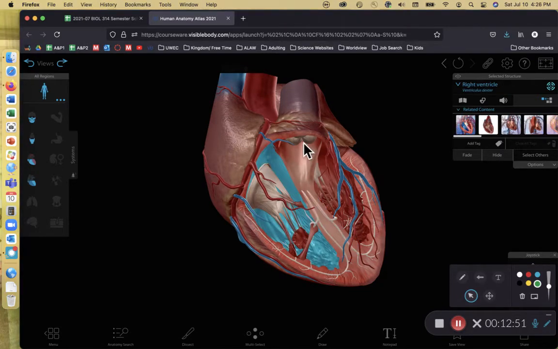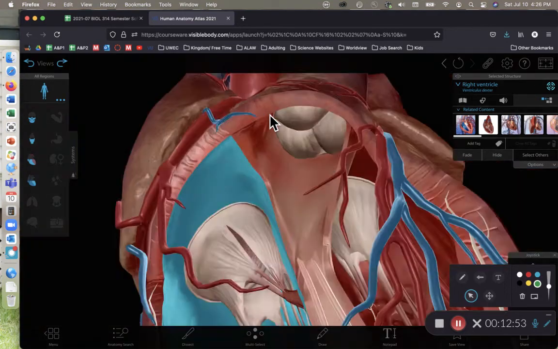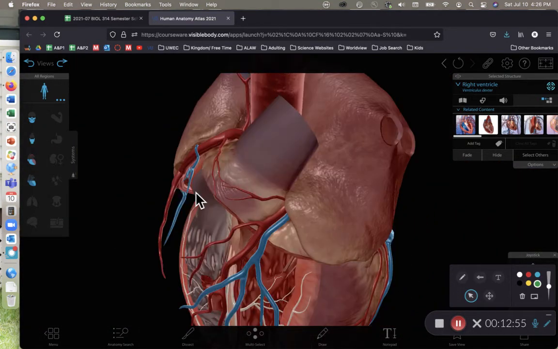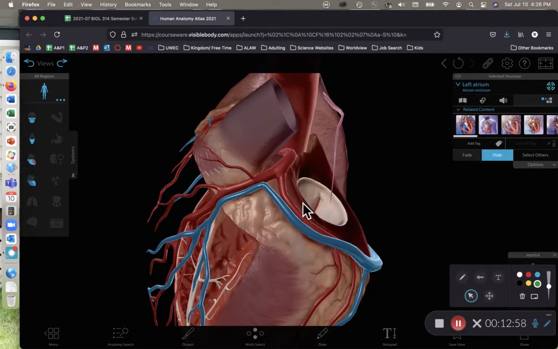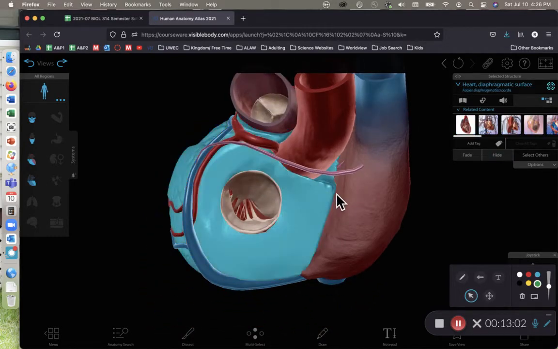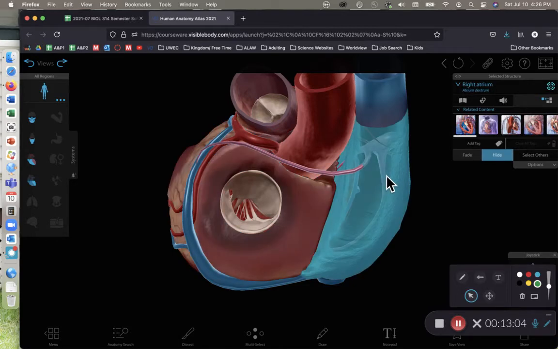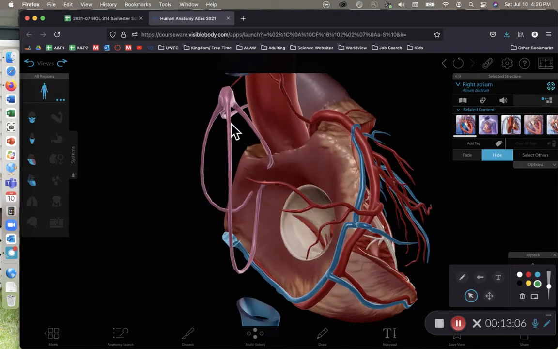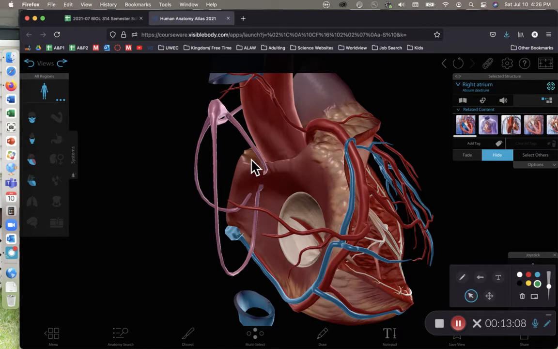It's difficult to get to here in Visible Body, but we'll make it happen. Right here, let's go back up a bit.